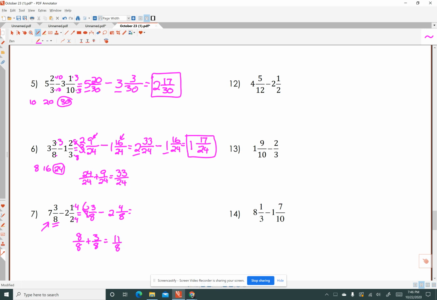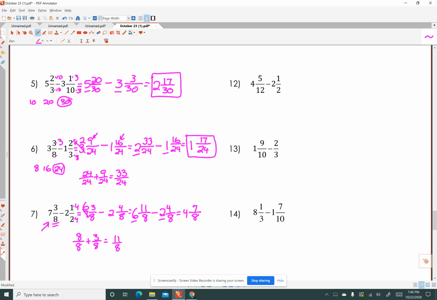So the 7 will become a 6. So that will be 6 and 11/8 minus 2 and 4/8. 6 minus 2 is 4. We're working with 8ths. 11 minus 4 is 7. So we have a final answer of 4 and 7/8.